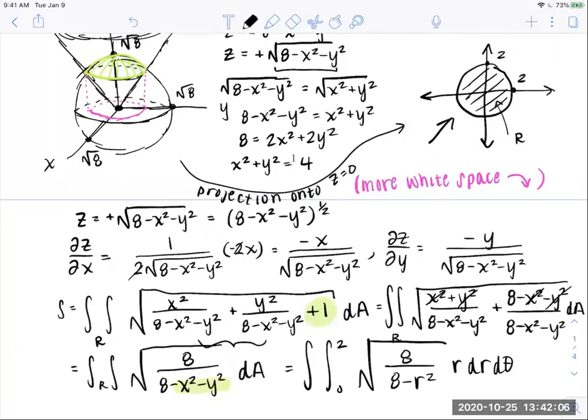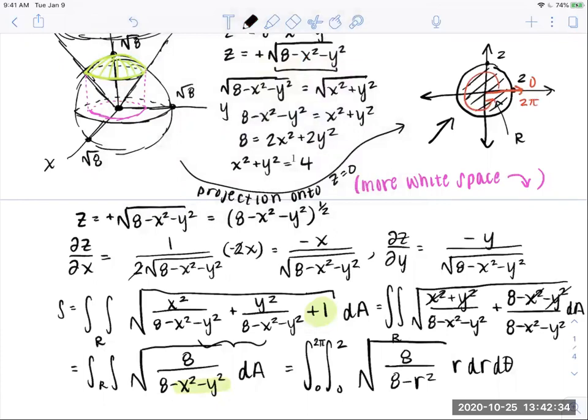And then our theta, we want to go all the way from theta equals 0 all the way back to theta equals 2 pi. So since we want the full circle, not a quarter circle, not a semicircle, we want the full rotation 0 to 2 pi.